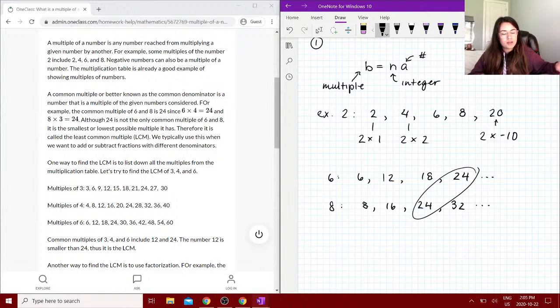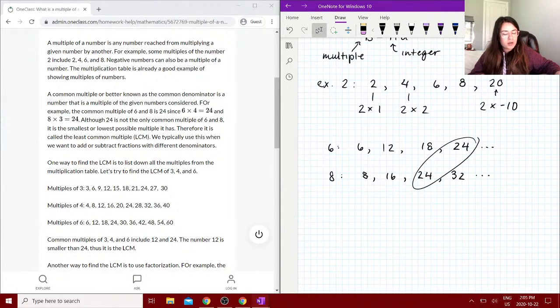So that's a common multiple, or a multiple that they have in common. In this case, it also happens to be the lowest common multiple. I'm sure if you keep looking at multiples of 6 and multiples of 8, they'll have another multiple in common, but this one is the lowest that we can find.